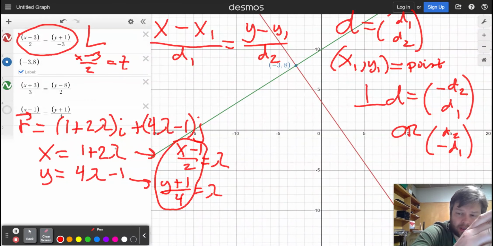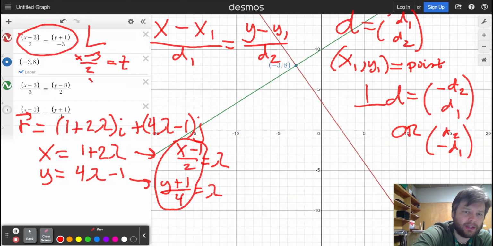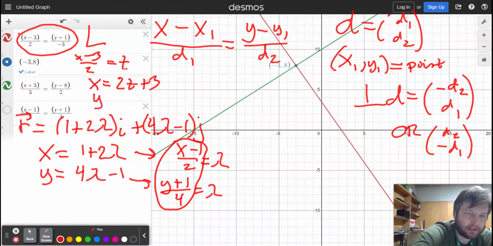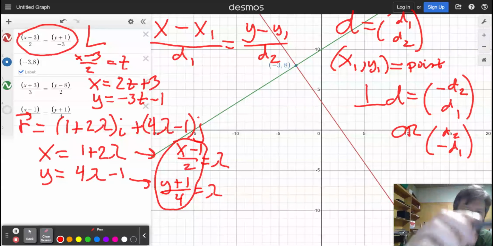Just like how I solved the R line for lambda, I'm going to unsolve the L line for t, telling me that x is equal to 2t plus 3. Similarly, y is equal to negative 3t minus 1. Now I can set those equal to each other.